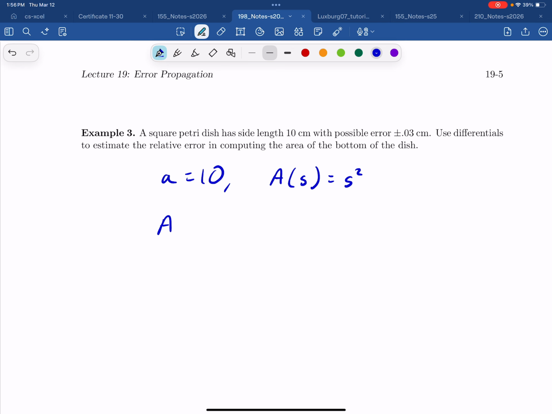So you could say, okay, great, A of 10 is going to equal 10 squared. Well, I'll save A of 10 for a bit later. We won't need that until we do the relative error. So I'll just say A prime of 10 equals 2S, and then we plug in S equals 10, and that gives us 20.